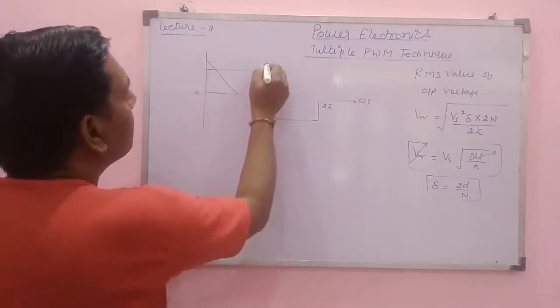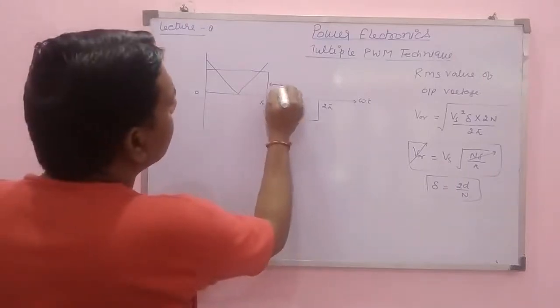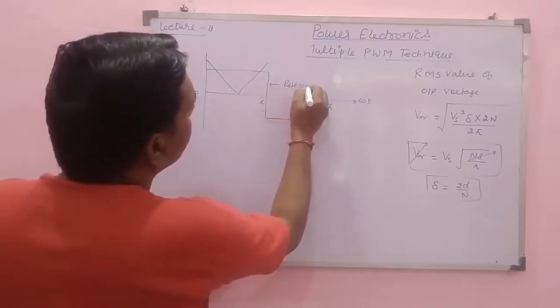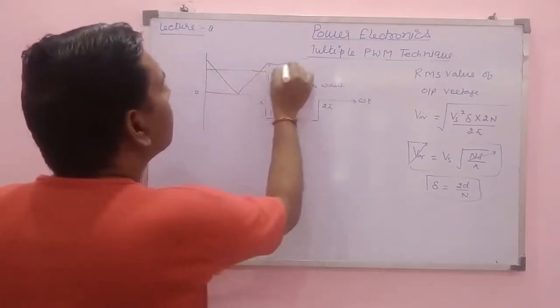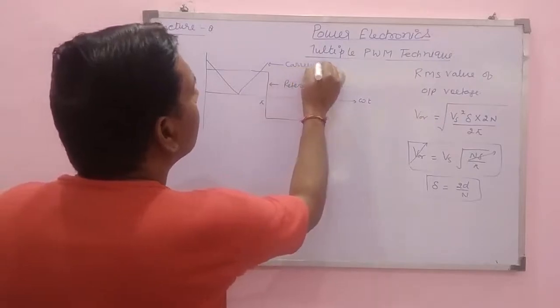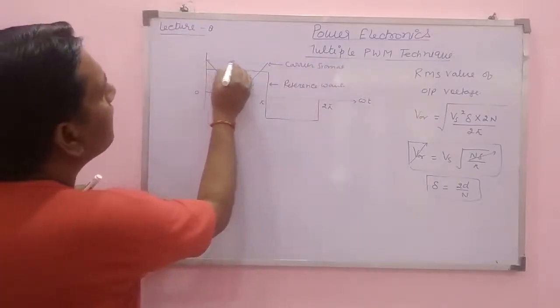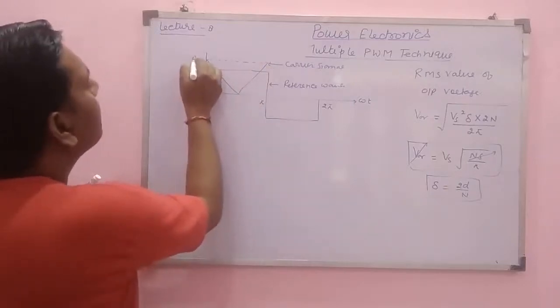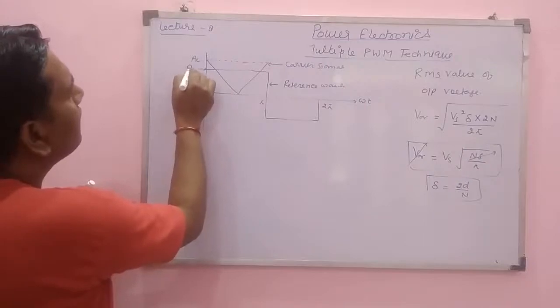Suppose this is the carrier wave. This is the reference signal, and this is the carrier signal. See here. This amplitude is the amplitude of the carrier signal, that is equal to AC, and this amplitude is equal to A. See here.